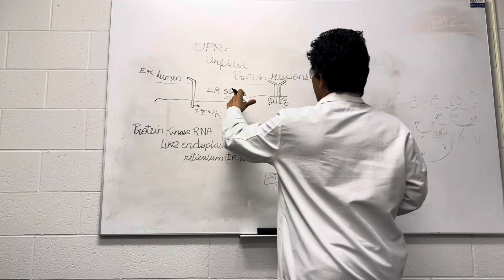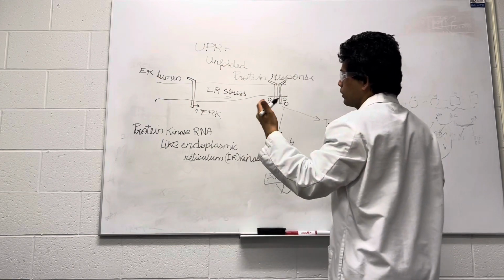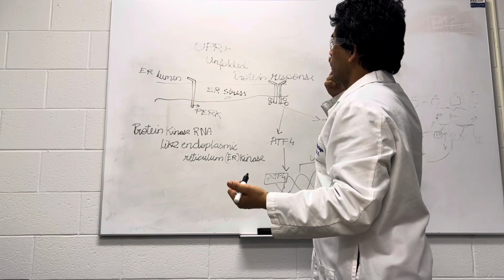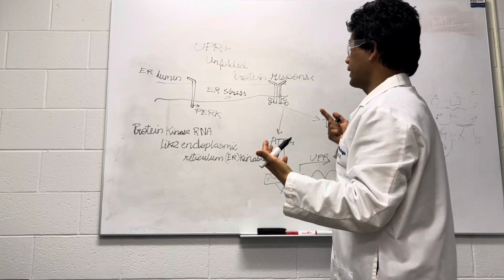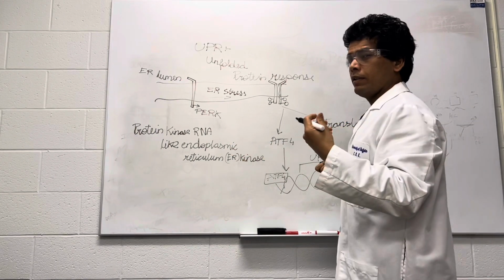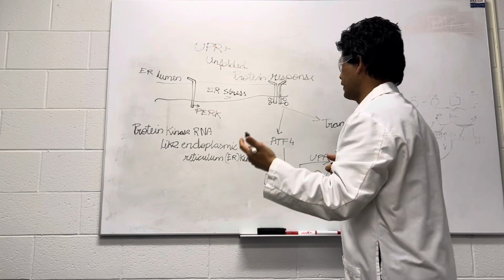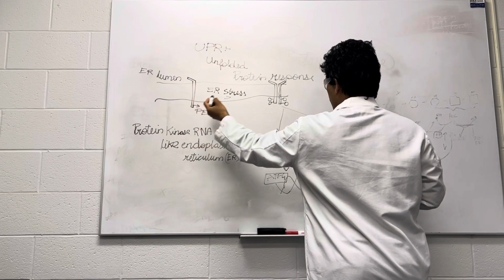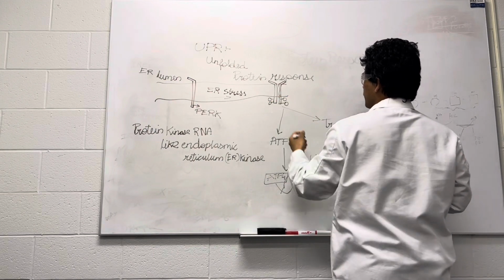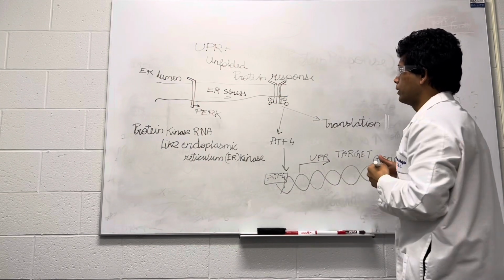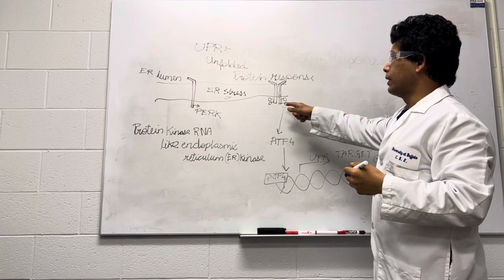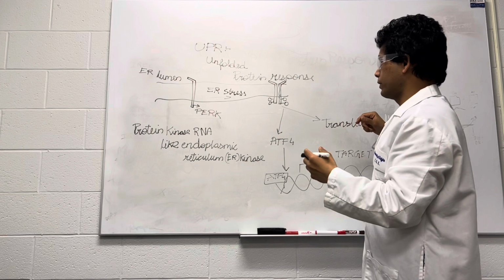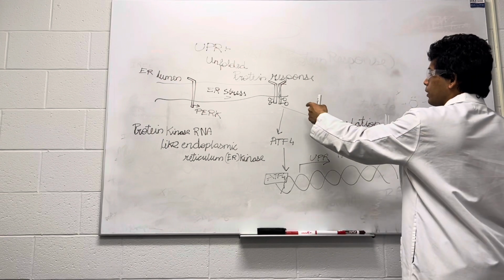However, in ER stress conditions, for example if the amount of unfolded proteins increases in the ER lumen, this might lead to dimerization of this monomer and phosphorylation of it.